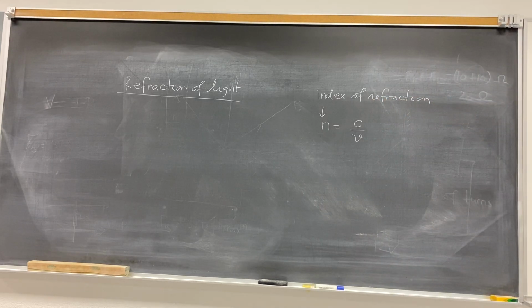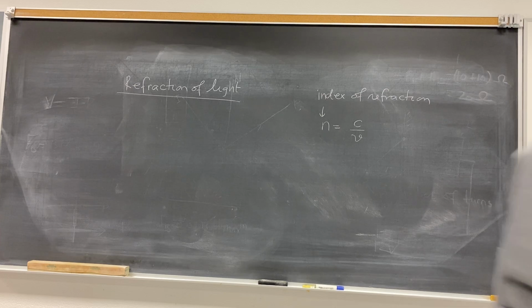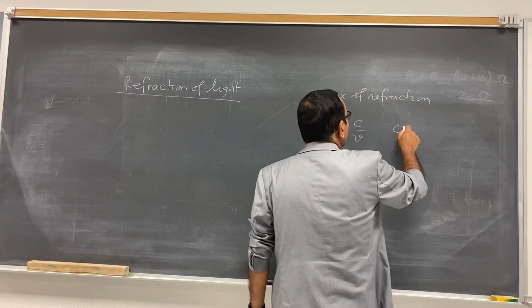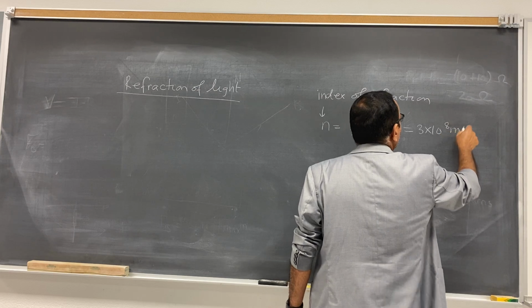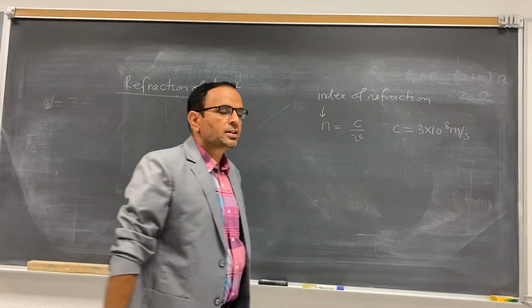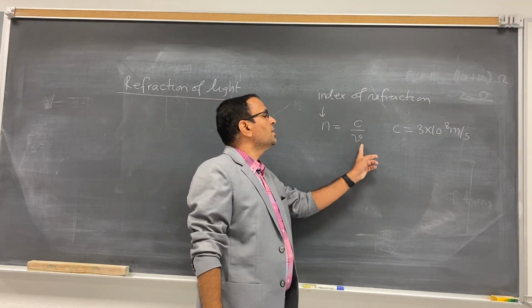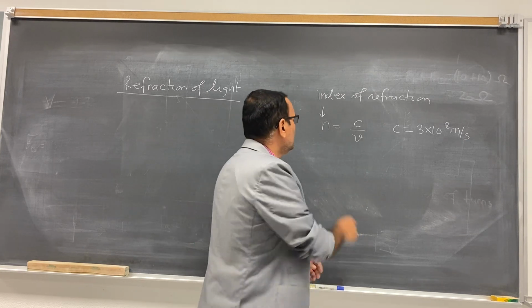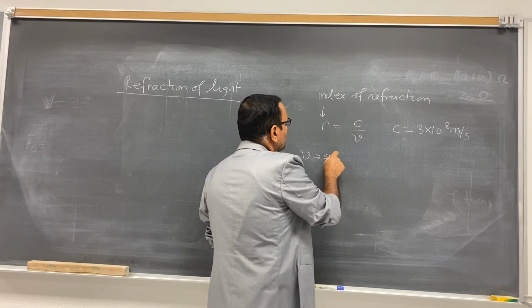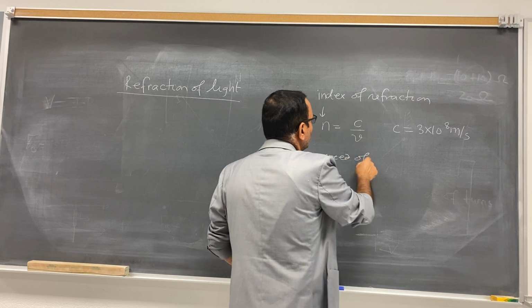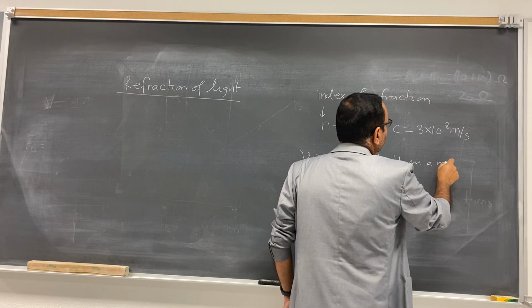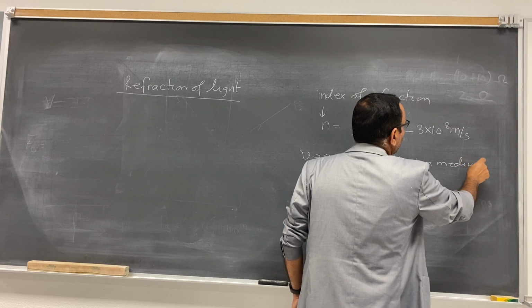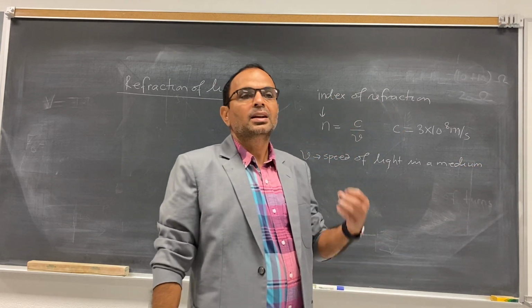C is the speed of light in a vacuum. C is approximately equal to 3 times 10 to the power 8 meters per second. You need to know this; it is not given. But V is the speed of light in a medium, whatever medium is given, like water, glass.